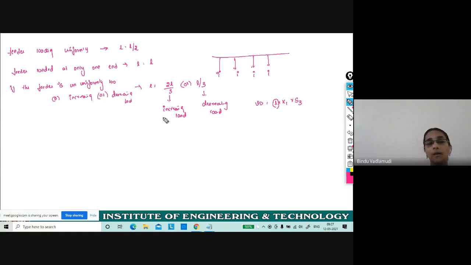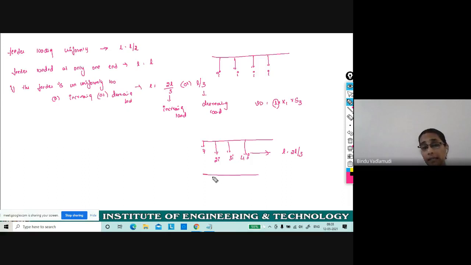So what you have to remember is this. When the feeder is loaded uniformly, L is equal to L by 2. If the feeder is loaded only at one end, that means the load is connected at one end only, then L is equal to L. If the load is increasing, I, 2I, 3I, 4I, in this fashion, then L is equal to 2L by 3.